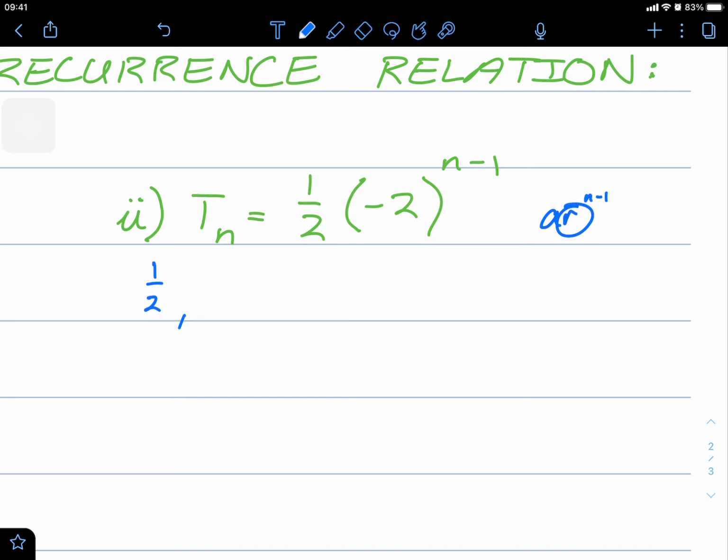The ratio is 2, so it's doubling each term. So the double of half is 1, but because the ratio is negative, it's going to flip back and forth between positive then negative. Next one's going to be positive, so doubling the previous, so 2, and doubling the previous of this is 4, but it's negative, dot, dot, dot.